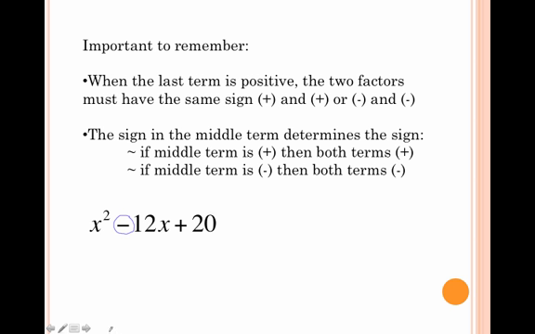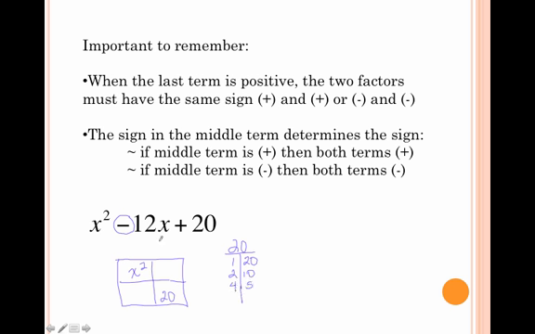So let's work through this problem. I've got my box set up with my x squared and my 20. I'm going to find my factors of 20: 1 and 20, 2 and 10, 4 and 5.